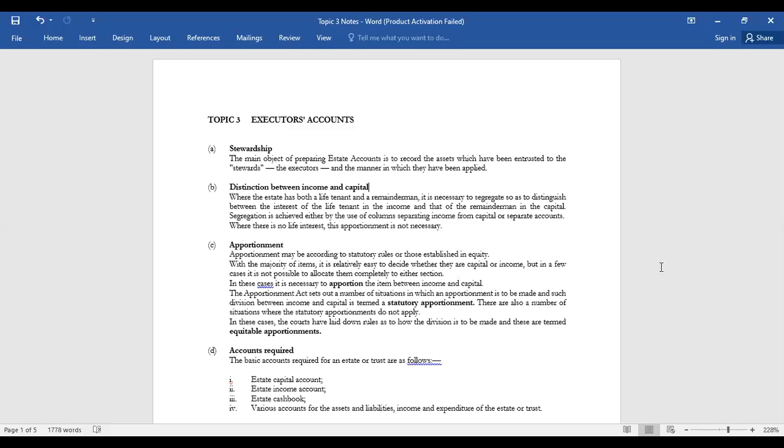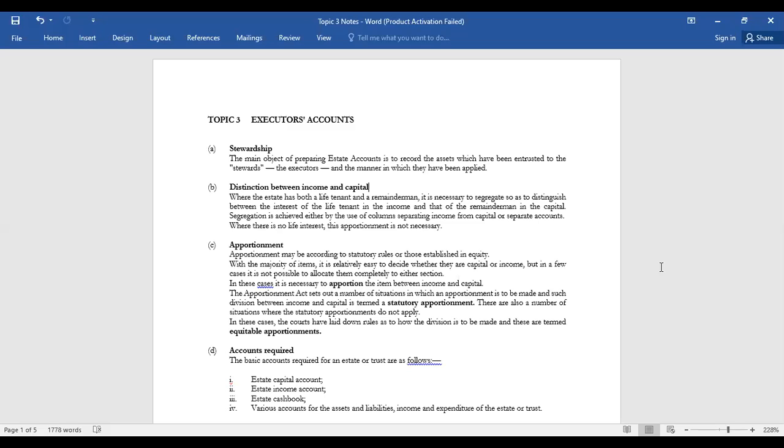So we have two interested parties. One of them is the life tenant, who is the owner of the property until they die. When you die, you own nothing. So you have to leave it to the people who are surviving you. So once they die, that's when the remainder man comes on board.